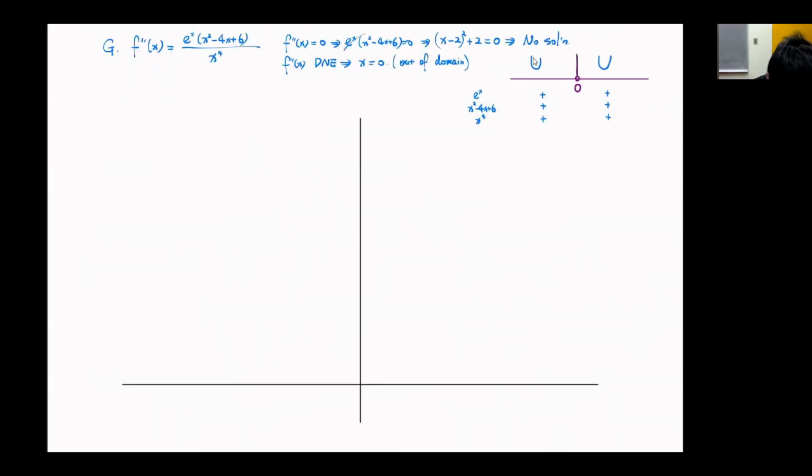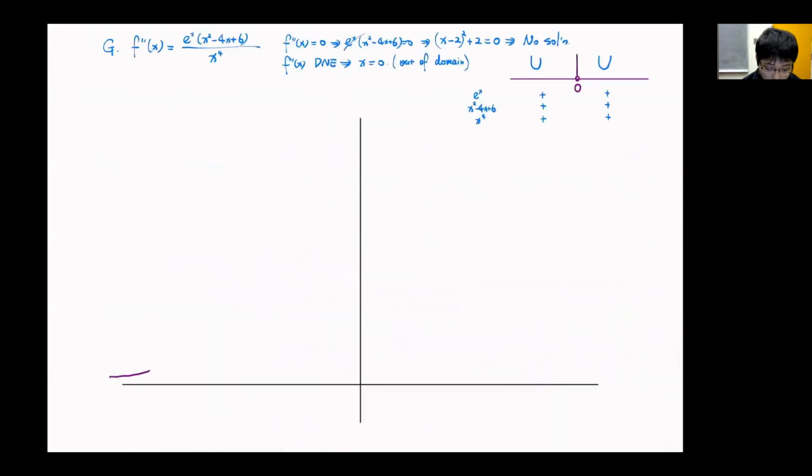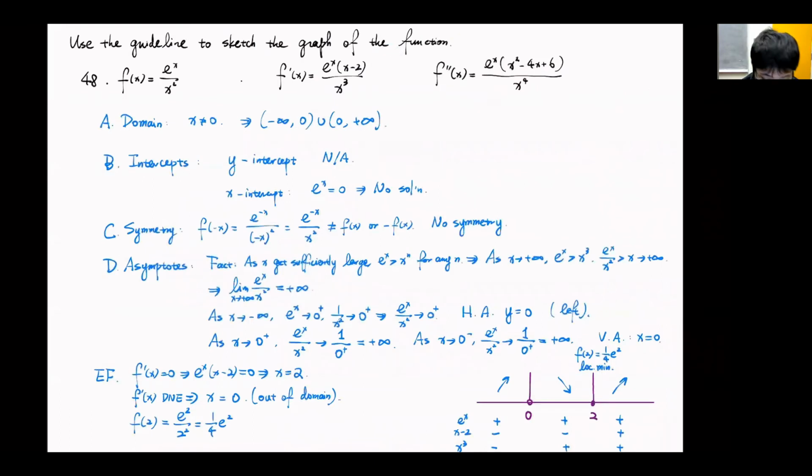So at least I know that my function will look like this near the point 0. We have a vertical asymptote at x equals 0, and the limits are all positive infinity on both sides. So the function will look like this, to the left and to the right of 0.